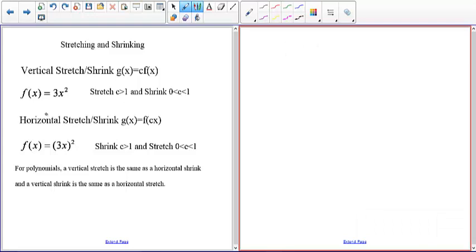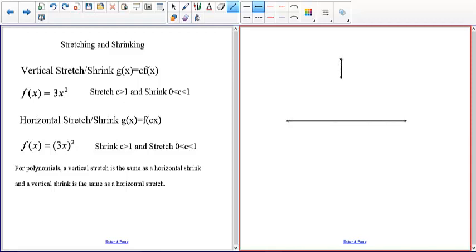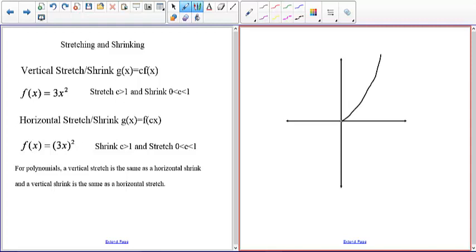So, these are polynomials, and so we were saying this is a vertical stretch. So let's think about that. Let's draw an axis, and we'll just draw a quadratic equation. Y equals x squared. So it's the origin, and it increases more rapidly as you go further away.